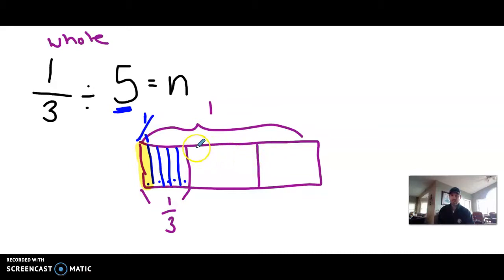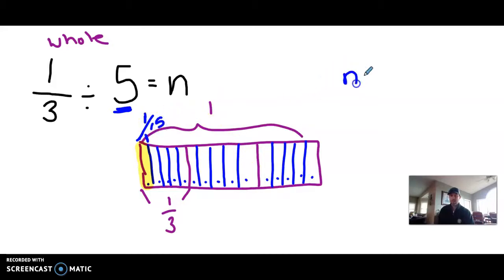But if I did cut those up, making them 5 parts each, how many total parts do I have? Well, we just mentioned that this is 5. So 6, 7, 8, 9, 10, 11, 12, 13, 14, 15. There's 15 parts. I'm going to eat one of those. My missing number, or my quotient, the answer to a division problem, is going to be 1/15.